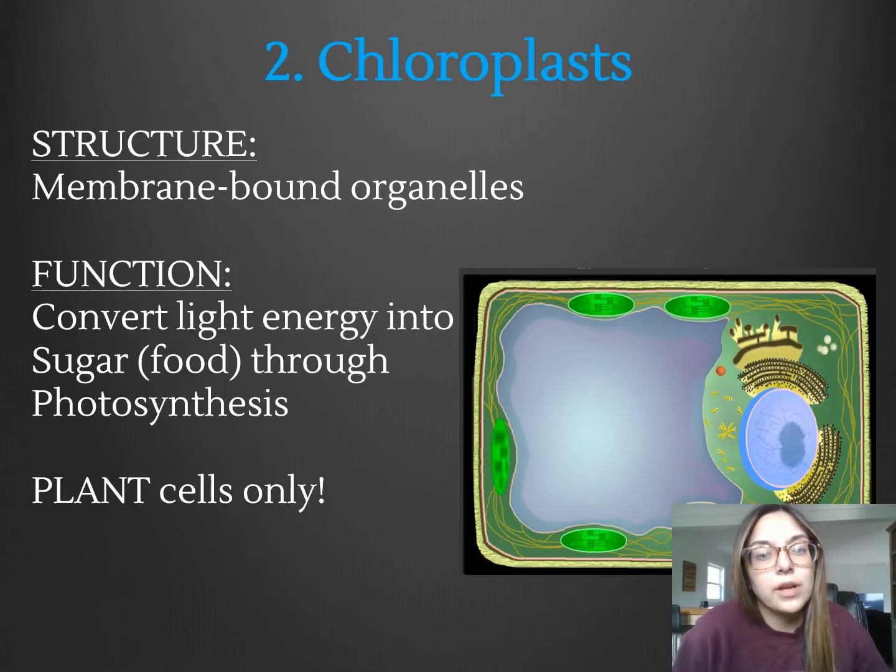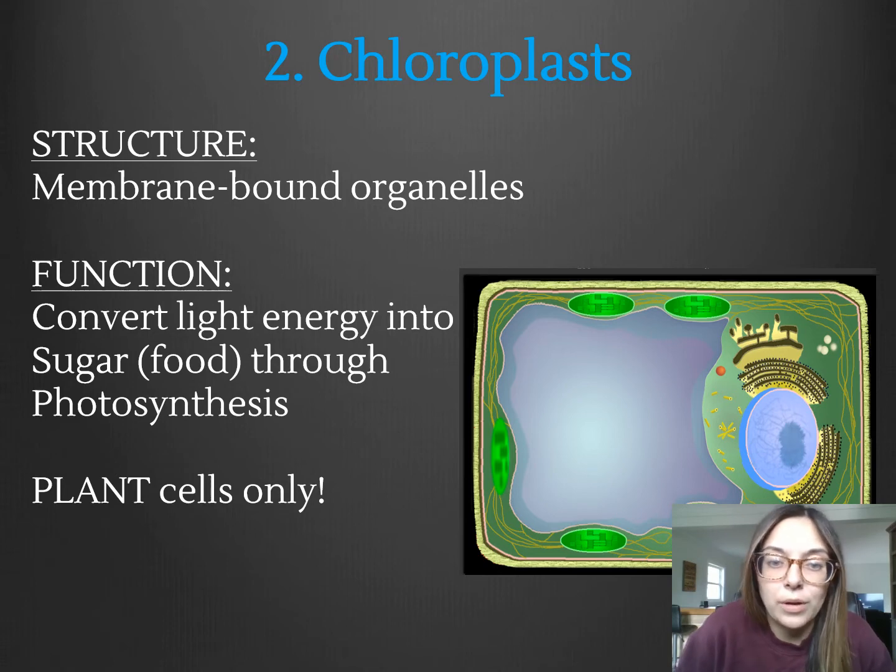Second structure is chloroplast. So the chloroplast is a membrane-bound organelle, meaning it is fixed in the cell. It is not free-floating around in the cell. The function of the chloroplast is to convert light or sunlight energy into sugar, which is food for the plant, and that happens through the process of photosynthesis.